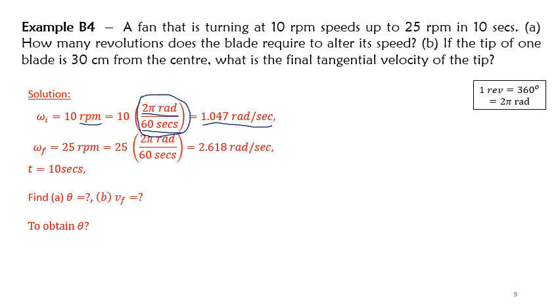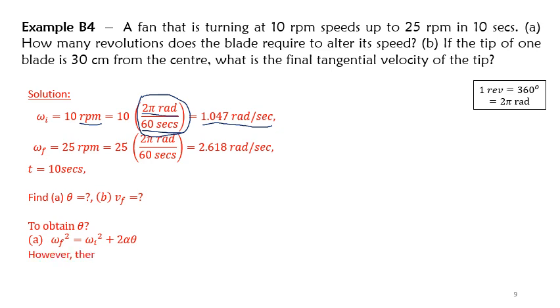To obtain theta, you use one of the very important equations of motion where all other parameters are known except theta: omega subscript f squared equals omega subscript i squared plus 2 alpha theta, where alpha is not known.